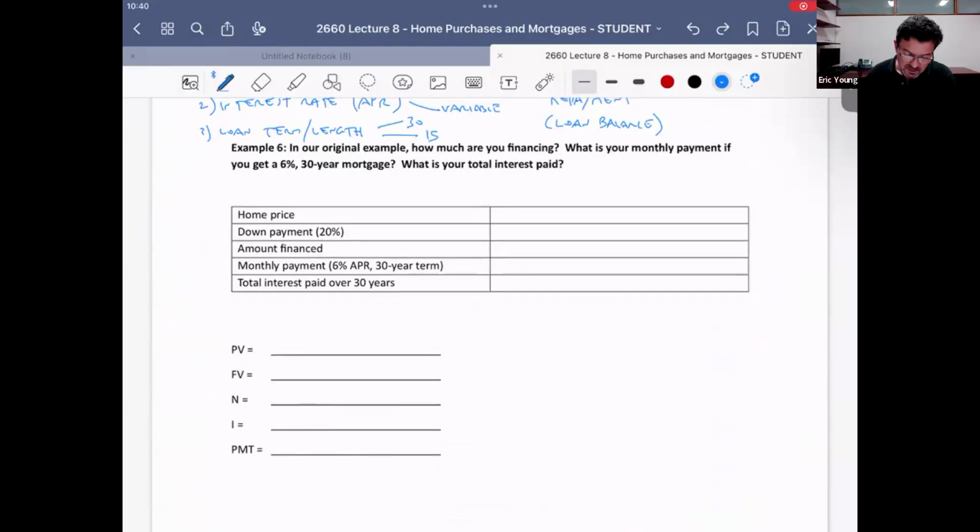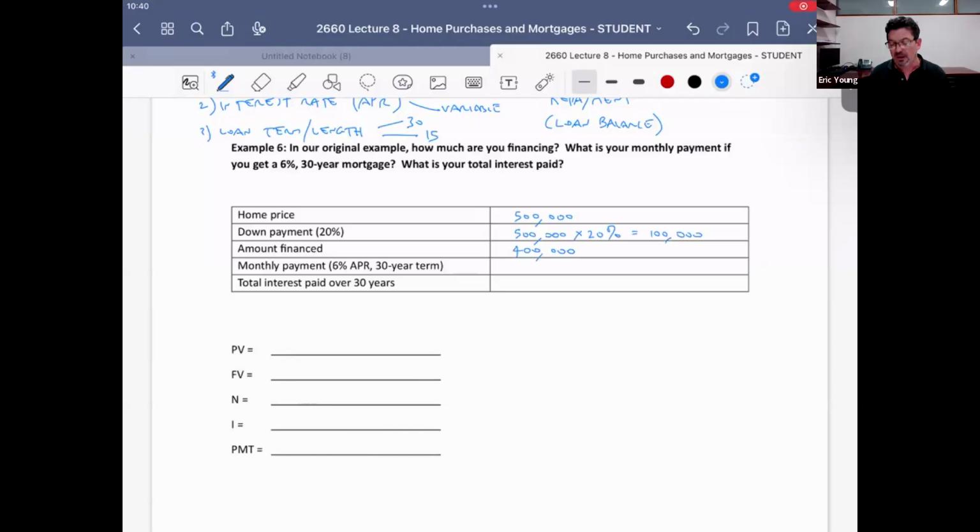Well, we know that the home price was going to be $500,000. We know that we were putting 20% down, so that was 500,000 times 20%, which was 100,000, and therefore the amount financed was going to be 400,000.